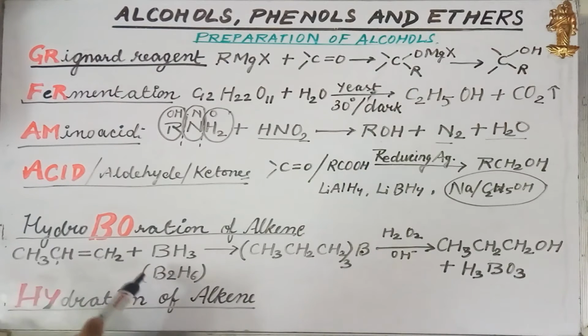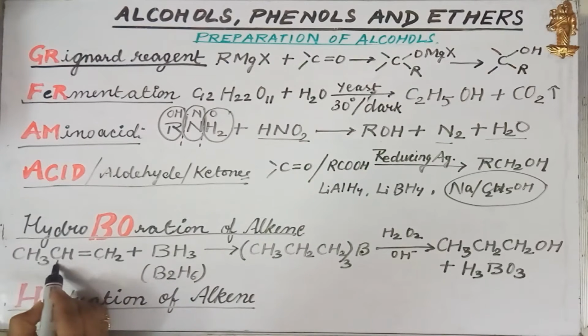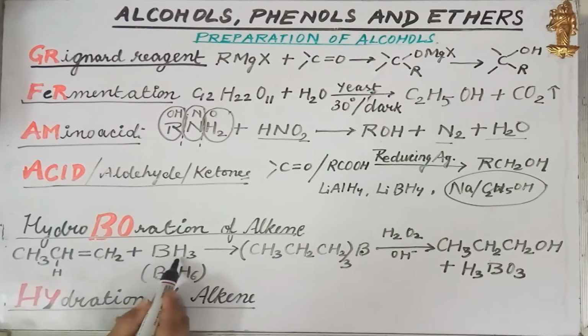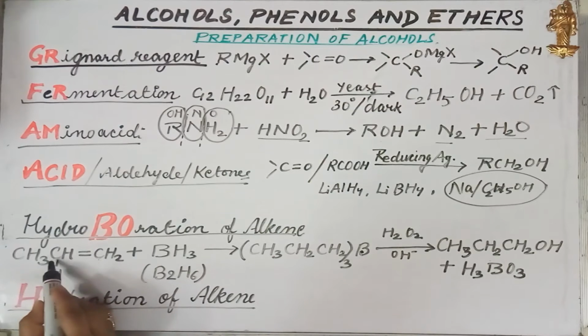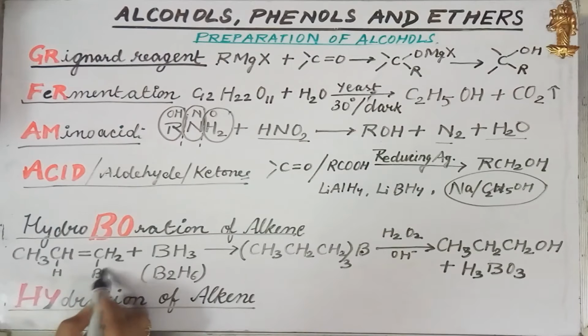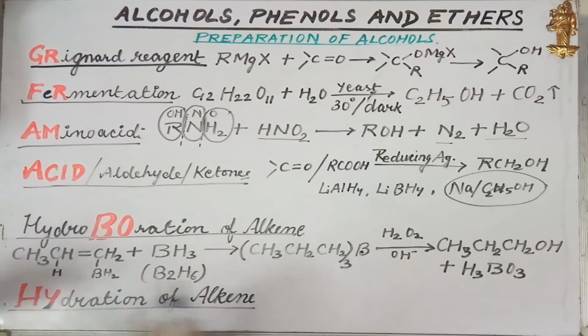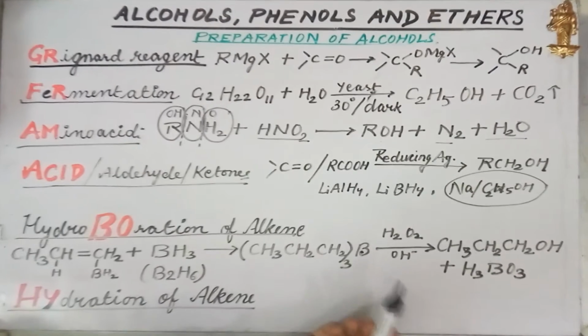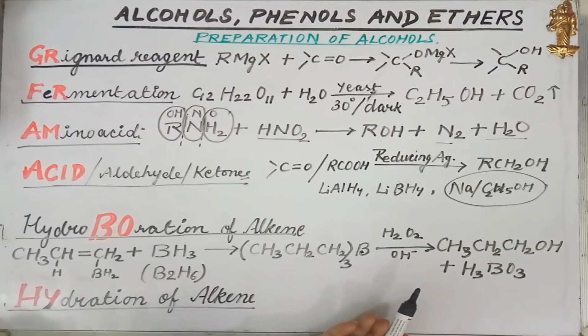This reaction is very important because it follows anti-Markovnikov law, according to which the H of BH3 will be added to the carbon where the hydrogen is in lesser amount, and the BH2 will be added to the other part, and the H's will be replaced one by one, and further you will get this compound which on further hydrolysis gives you alcohol.